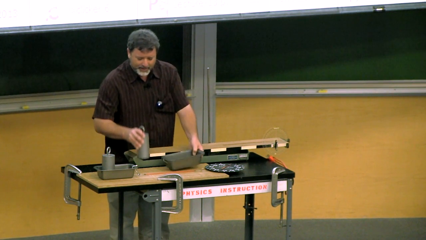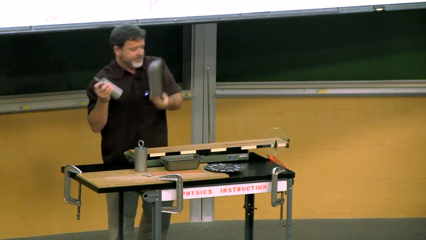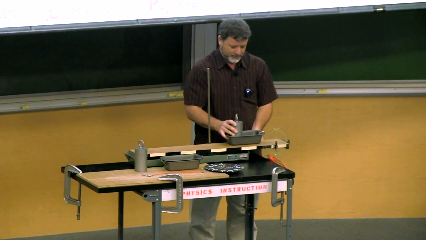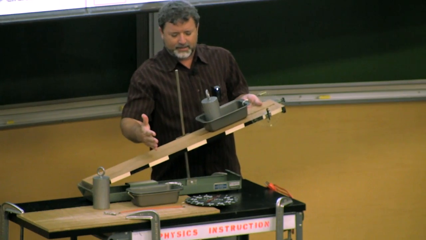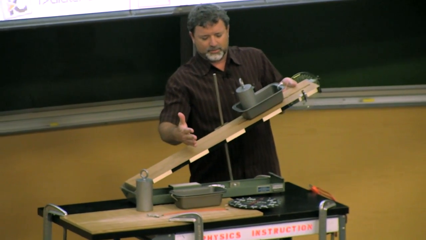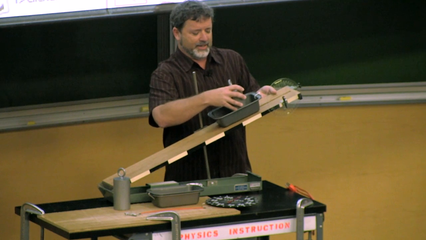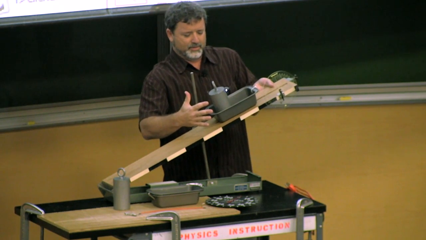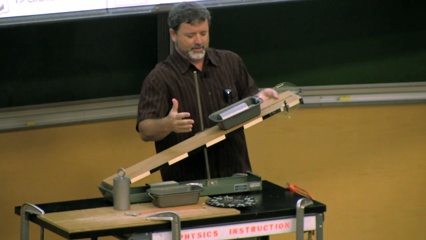Now, one thing I can do is, this is the one with sandpaper, so it's got a higher coefficient of friction. So I can get to a much higher angle. And it tends to tip over. Let's see if I can get it. Actually, let's see if I cheat and put the mass like that.